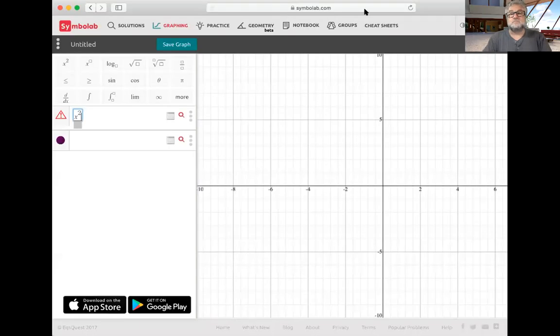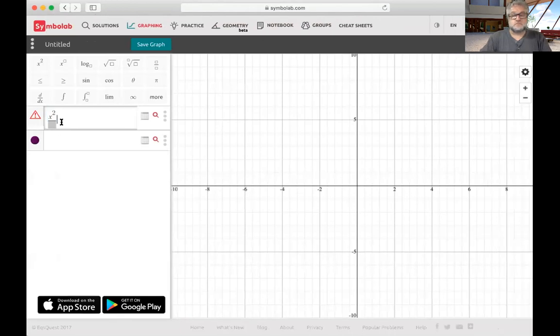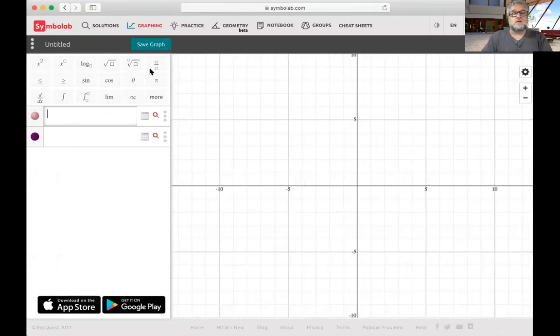Share. Symbol Lab. There you go. Okay, so I make a fraction. Then I'm going to get x squared. Where'd my function go?